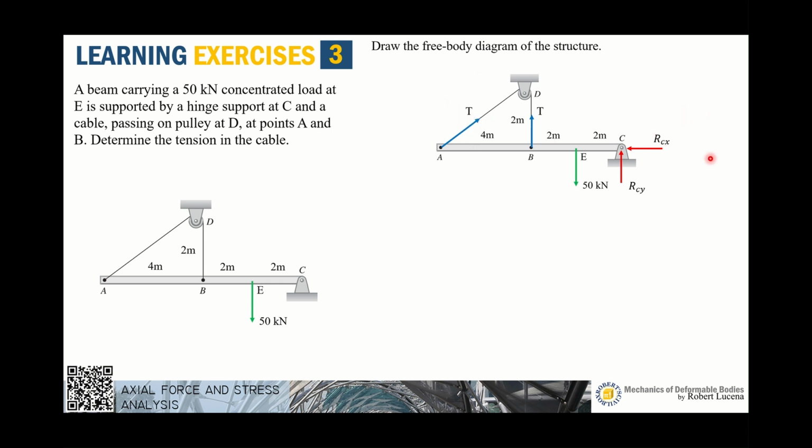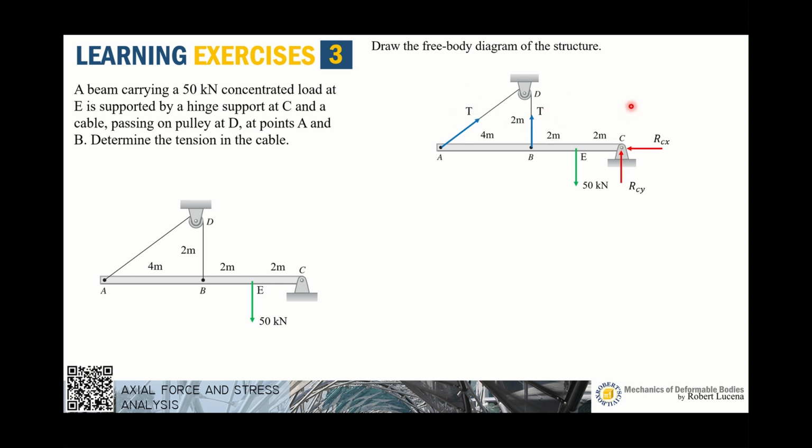But there is a much more convenient solution by using summation of moment about point C, because using the equation summation of moment about point C eliminates RCx and RCy. That equation will cancel out RCx and RCy, leaving us with only one unknown, that is T.